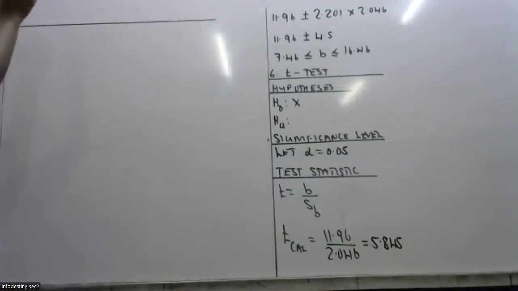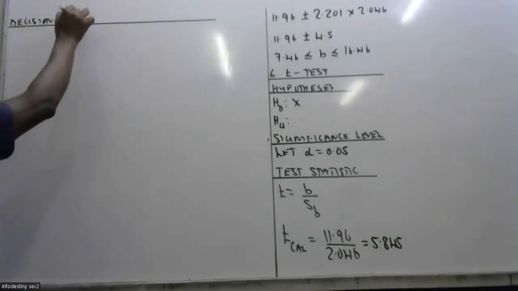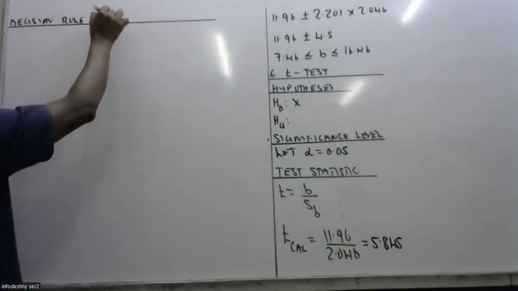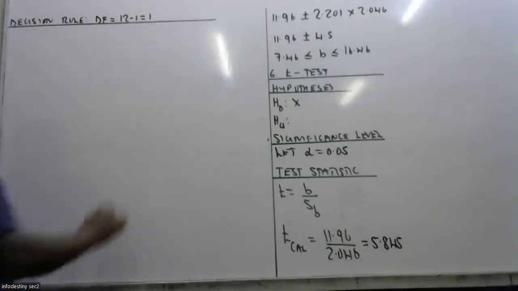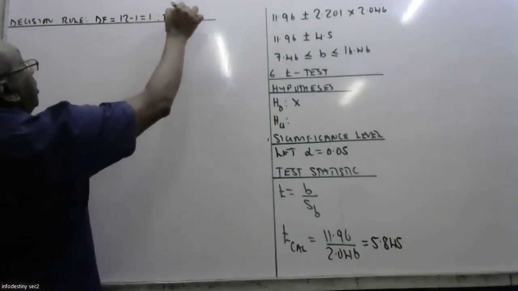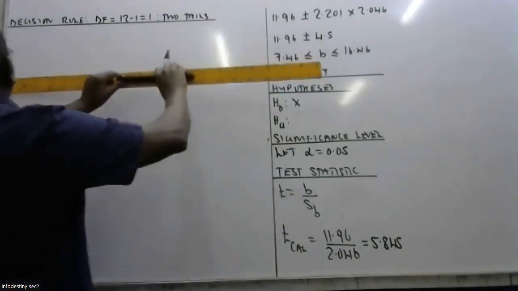Okay, so we go to the next one, which is called the decision rule. The degrees of freedom will be 12 minus 1, which is 11. And obviously, this is two tails.